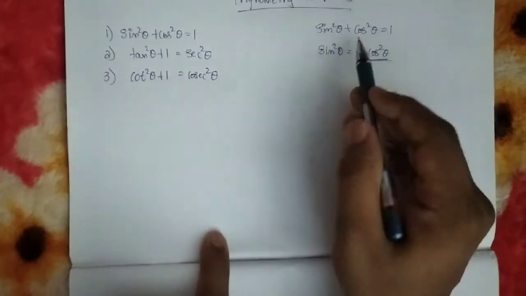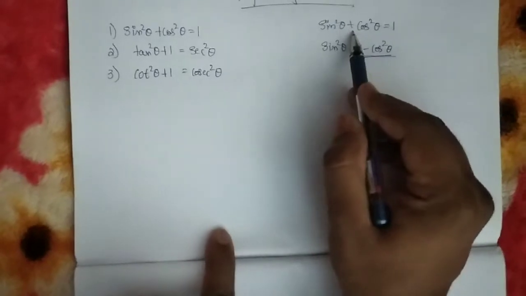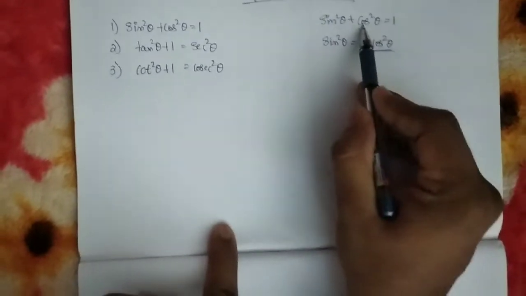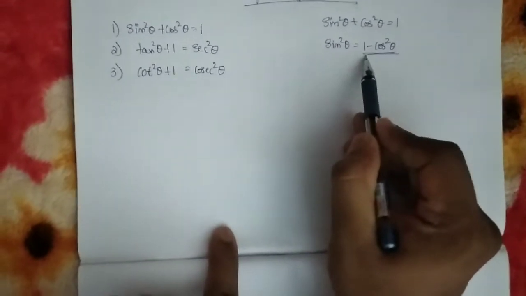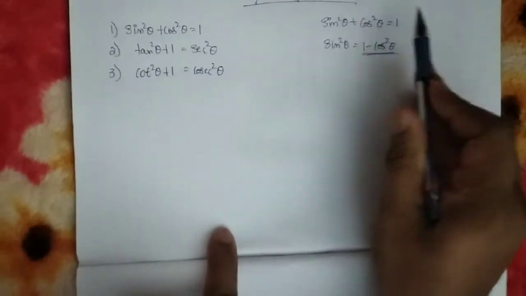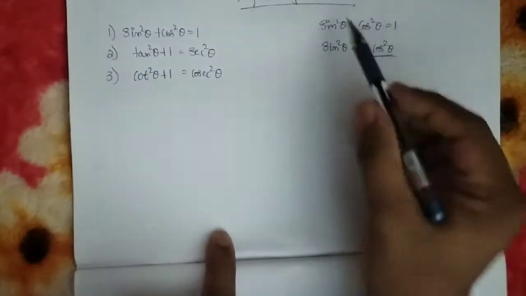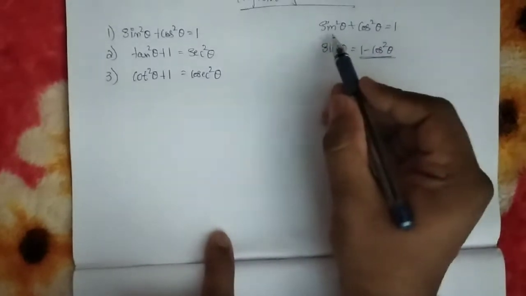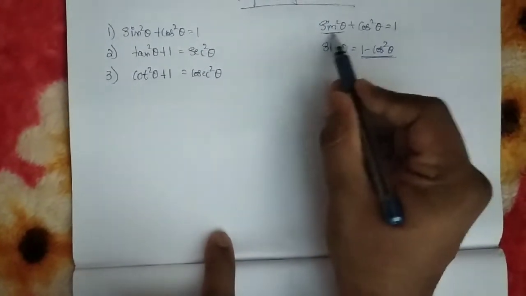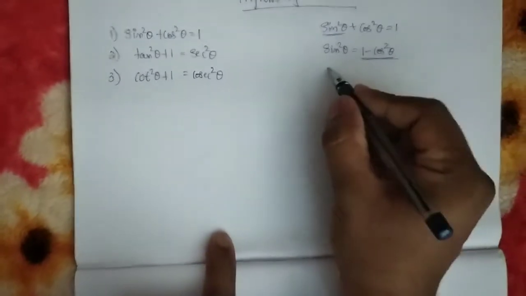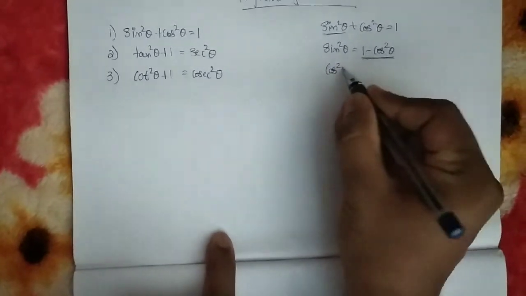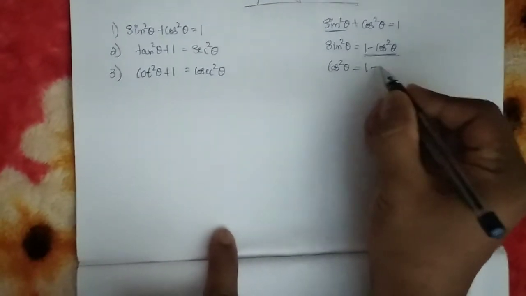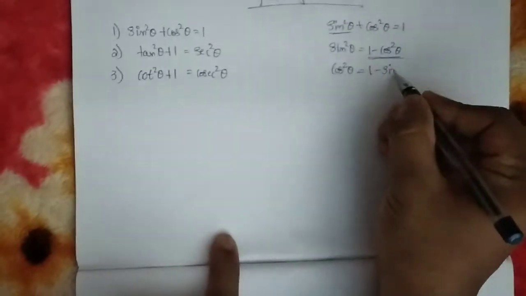Okay, and this same identity, sine square theta plus cos square theta is equal to 1. What I did here, I shifted the cos square theta to the right hand side. Similarly, in another way, I can send this sine square theta to the right hand side. So what it becomes: cos square theta is equal to 1 minus sine square theta.